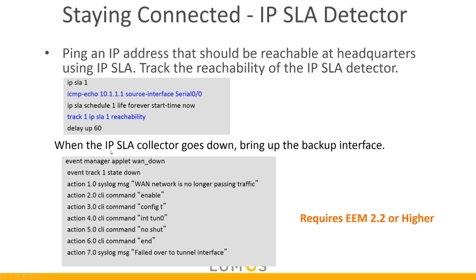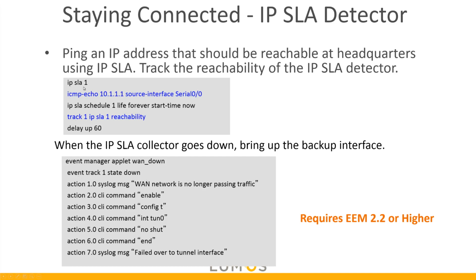When the IP SLA goes down, we want to bring the backup interface up. So in the EEM event manager, we have an applet that we've just labeled WAN_down, and we have, for instance, event track 1.